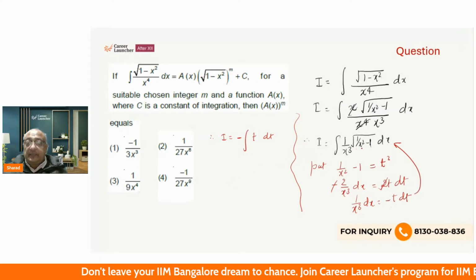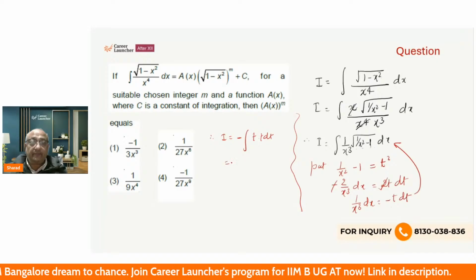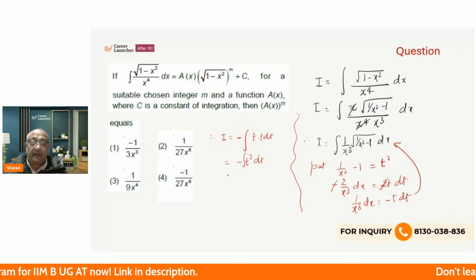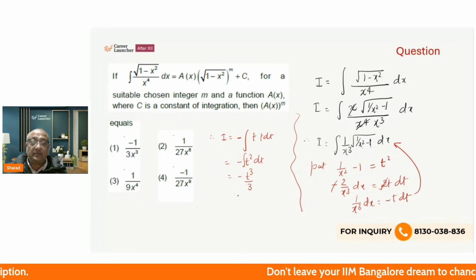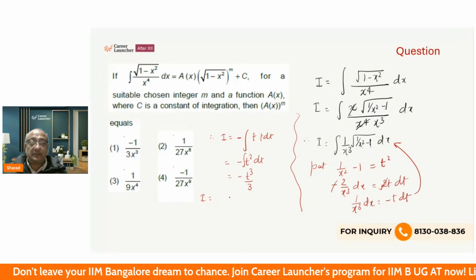And what will be this value? This will be again one more t. So we will have minus integration of t square dt. Okay, so this is simple. This is minus t cube by 3. So we are through. I'll put values of t and add the result with constant of integration.